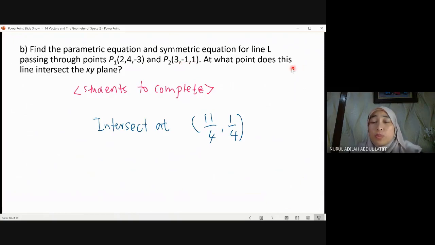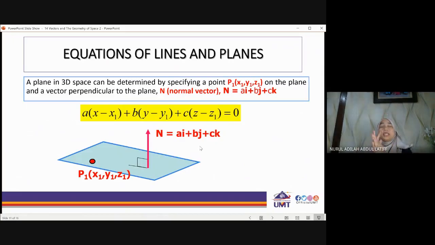At what point does this line intersect the xy plane? I write it here for students to complete, because I already showed you in part A. Please try to do it and find the same answer as mine, which is a equals 11 over 4 and b equals 1 over 4.